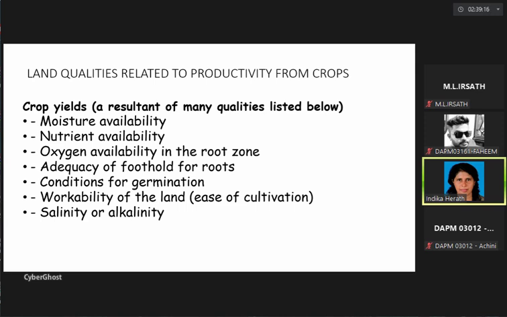Alkalinity is when there is a low amount of H plus ions, the pH will increase. And salinity is the amount of dissolved salt in the soil, right? These properties are directly affecting the yield or the outcome from the agricultural land.